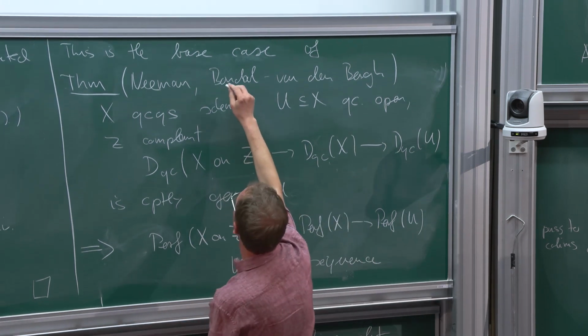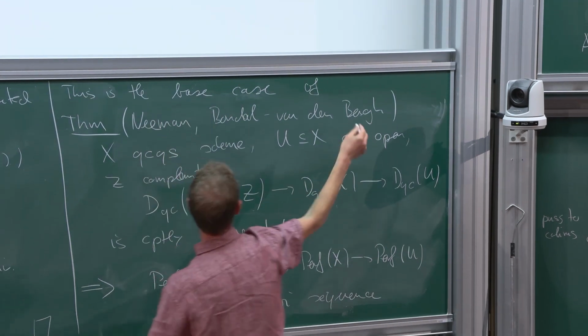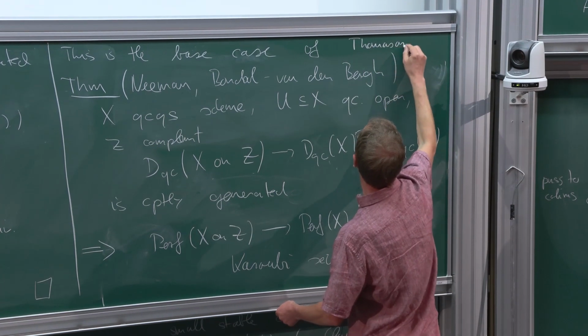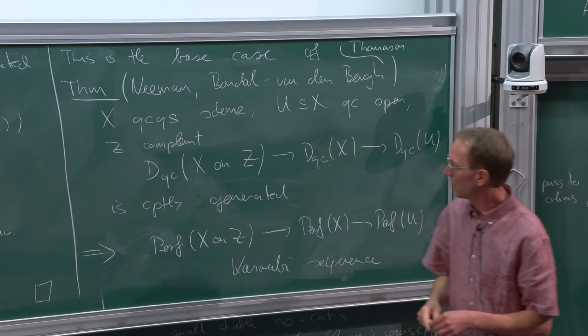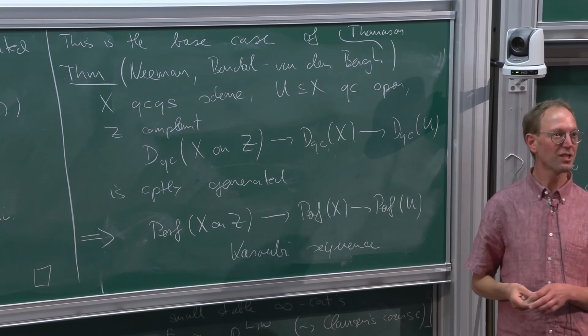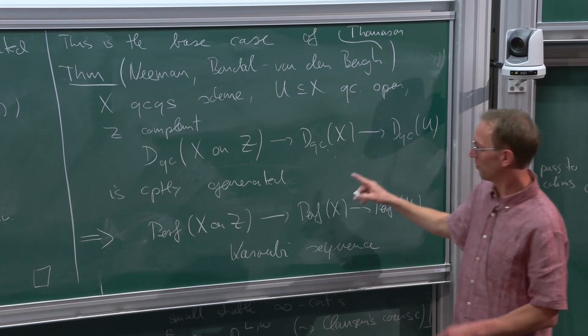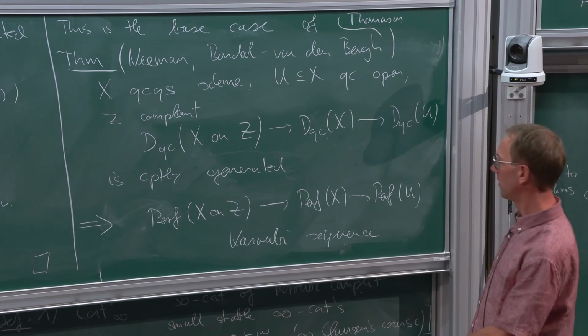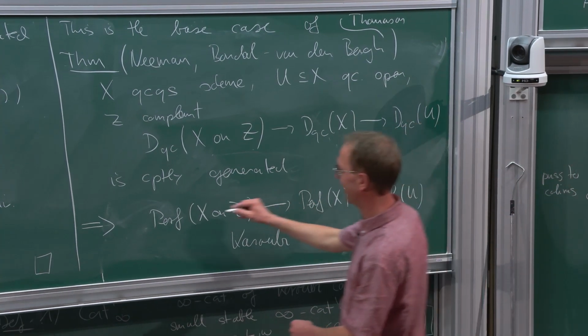And let me also maybe include Thomason here, because somehow for the inductive step you need a trick that was introduced by Thomason to prove this. Okay. The statement is that D_qc of X on Z is compactly generated.